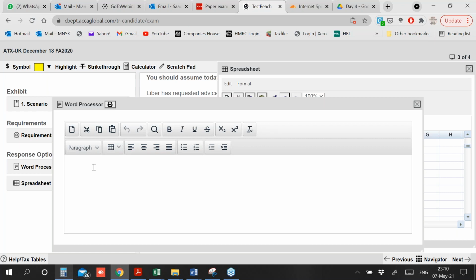You'll start with: on the takeover the gain will be split into two parts, that is for shares and that is for cash. However, the gain for the cash will be immediately chargeable regardless of the sale of the shares. For shares, the gain will not be chargeable until she decides to sell the shares. Then you will mention that on the shares she will have a chargeable gain of this, and then you'll explain that if she decides to sell the shares this year, her complete CGT liability will be this.